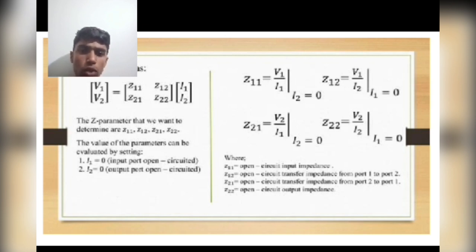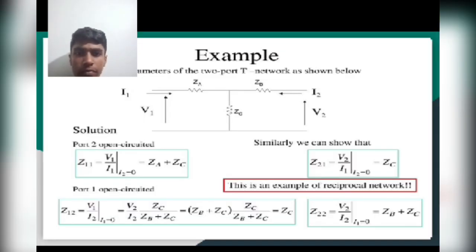Z22 is equal to V2 by I2 when I1 equals 0. Here Z11 is the open circuit input impedance, Z12 is the open circuit transfer impedance from port 1 to port 2, Z21 is the open circuit transfer impedance from port 2 to port 1, and Z22 is the open circuit output impedance.